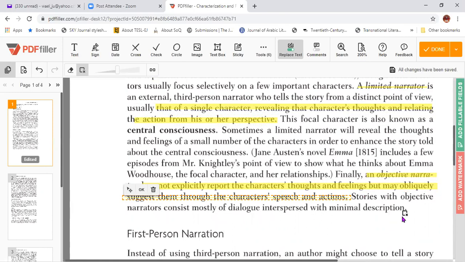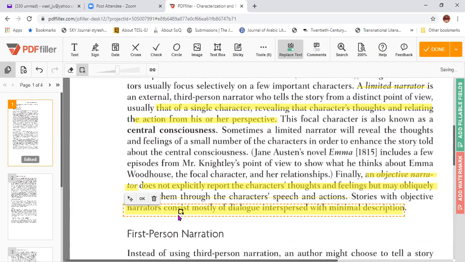interspersed with minimal description. Okay, so here is the third type of narrator, which is the objective narrator. He does not explicitly report characters' thoughts and feelings, but may obliquely suggest them through the character's speeches and actions.